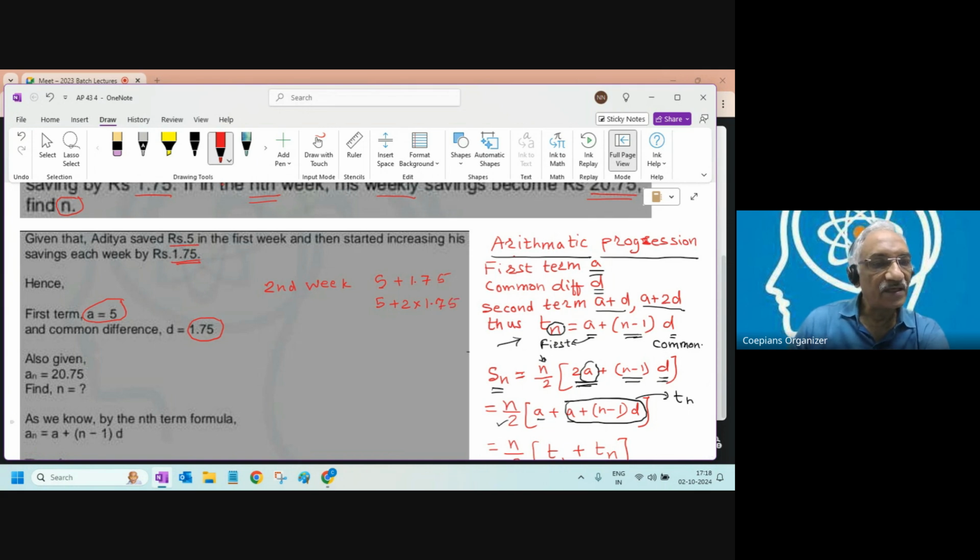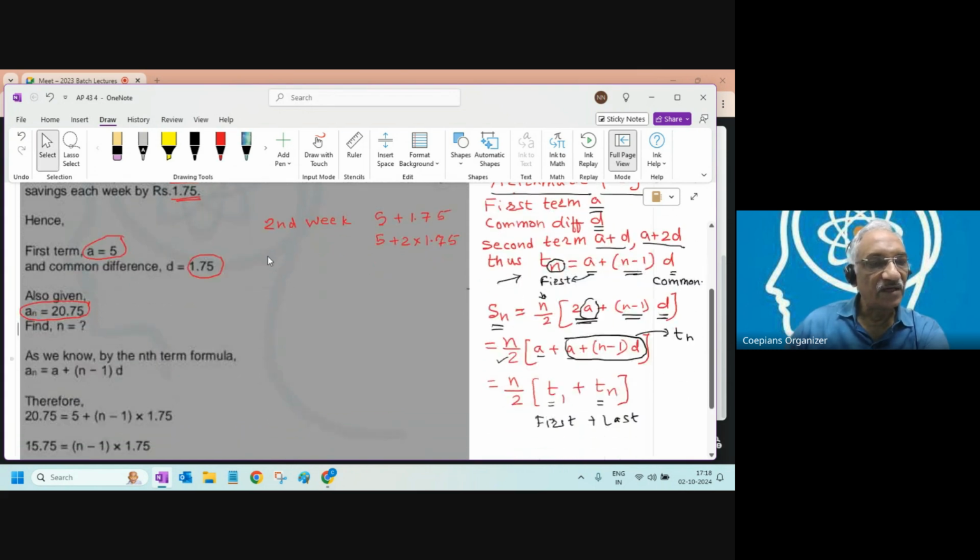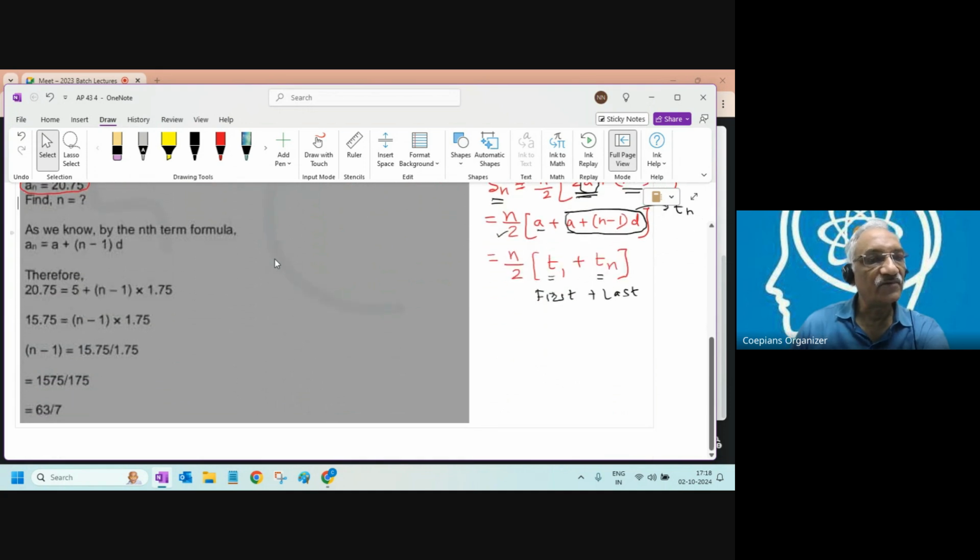We have been given that Tn or an is 20.75, and we have to find the value of n. So an or Tn is given as a plus (n minus 1) into d.